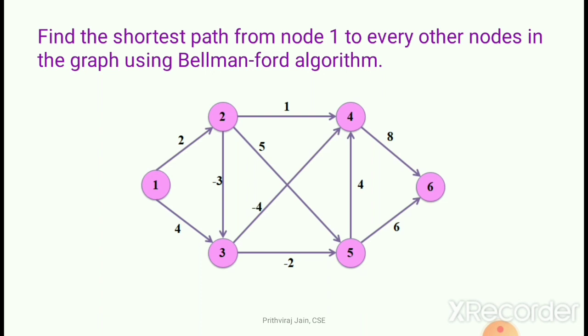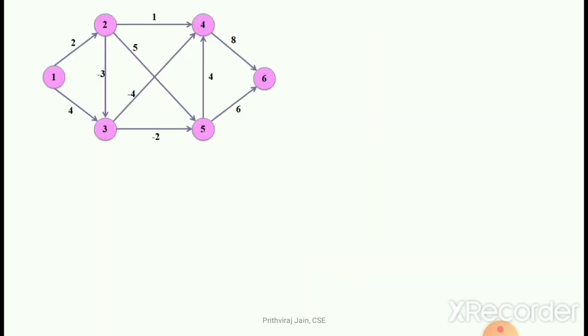Here is a problem: to find the shortest path from node 1 to every other node in a graph using this Bellman-Ford algorithm. And in this graph we can observe some of the costs having negative values, so we have negative weights on some of the edges. Let us take the graph and one array called the D array, so that whenever we find the minimum cost, we update it in this array.